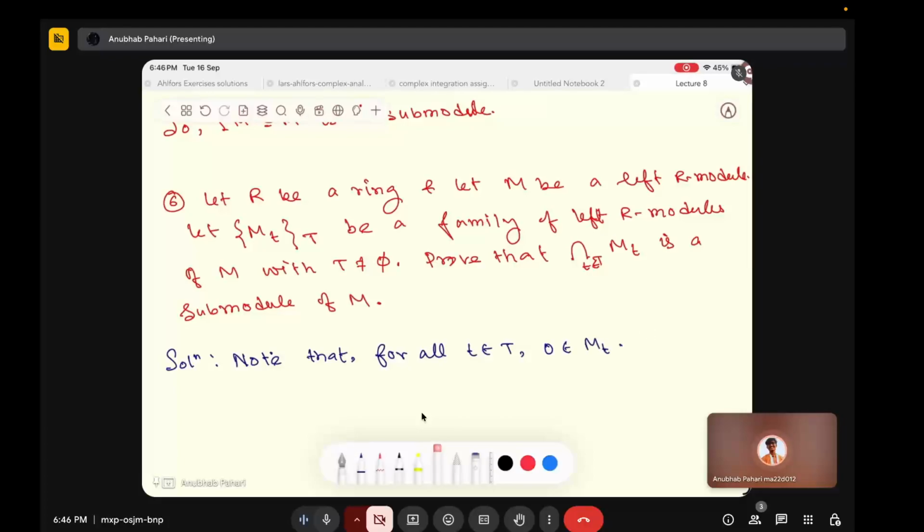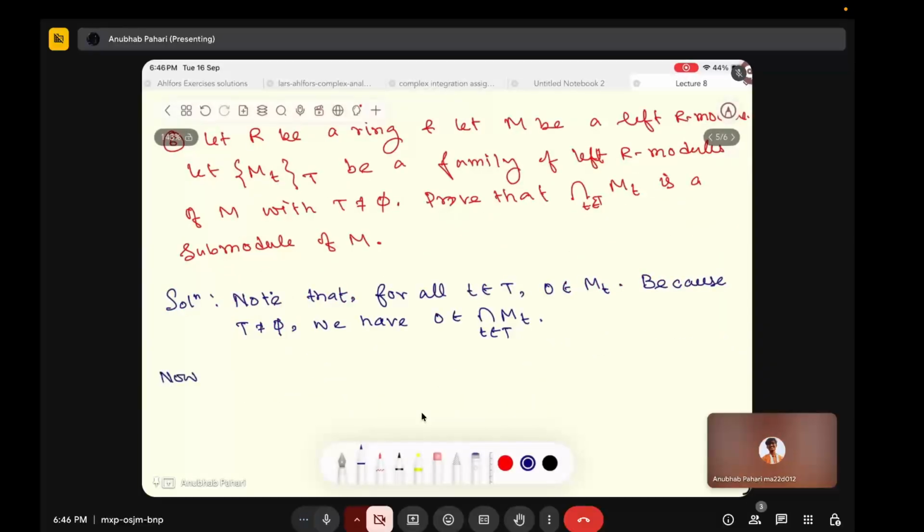Now because capital T is non-empty, we have 0 belongs to the intersection of M_t, where small t belongs to capital T.